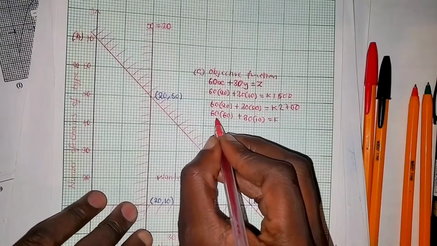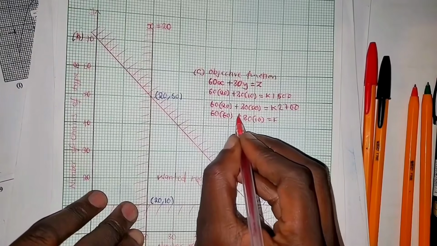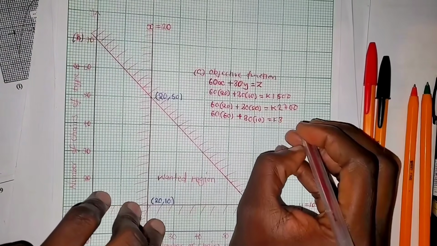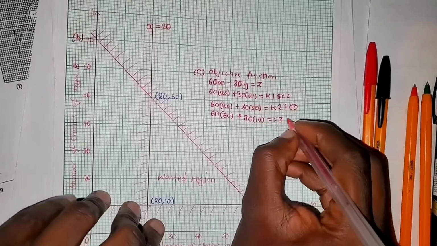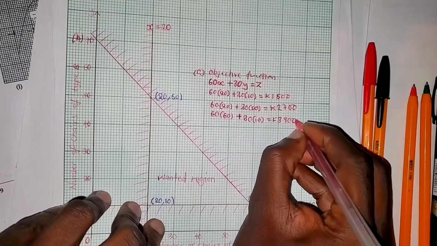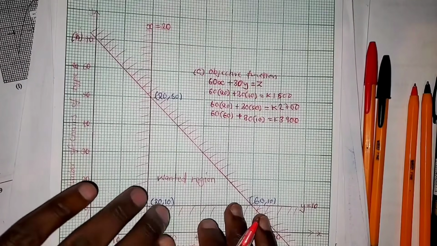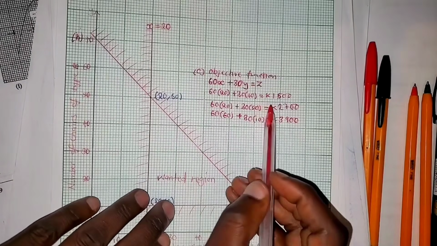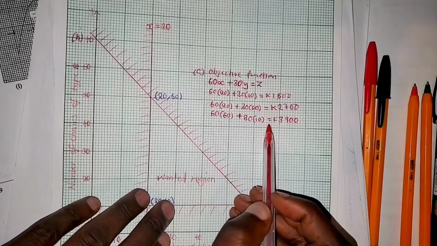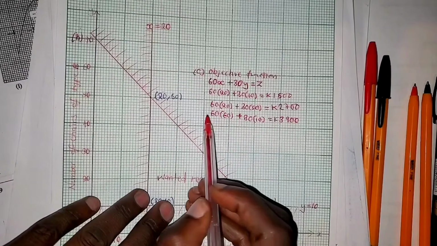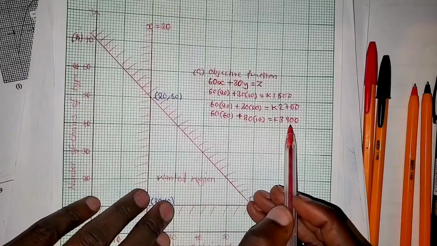So when you punch these on the calculator, you're going to have 3,900. Okay, 3,900. Now, when you look at these three, when you compare these three, which one is giving us the highest amount? Automatically, it is this calculation.